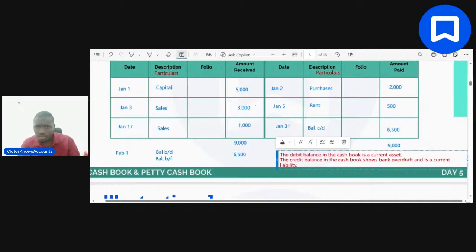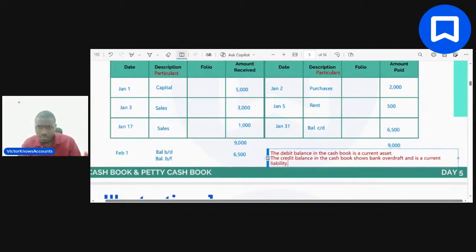Is that fine? So that's the way that works.